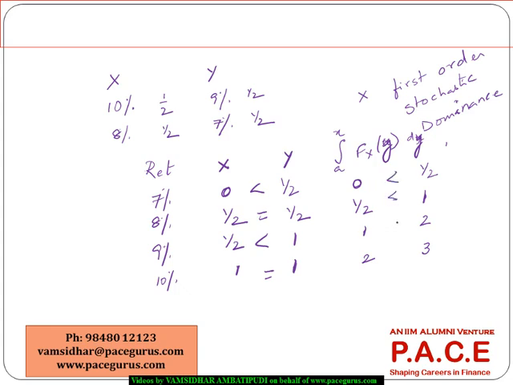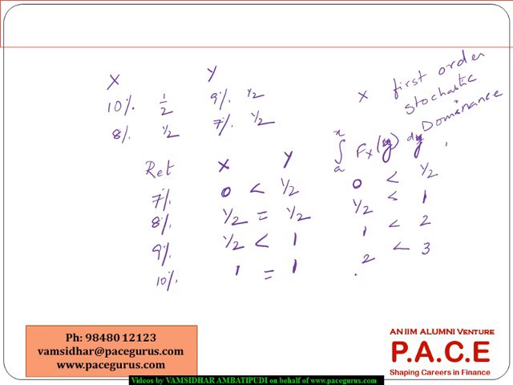Even the integration or summation across the different layers for x is less than or equal to that of y, which means that second order stochastic dominance is also exhibited by x over y.